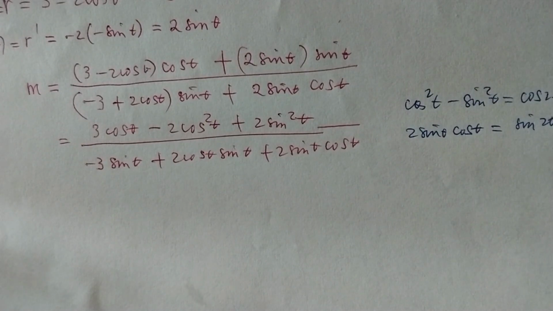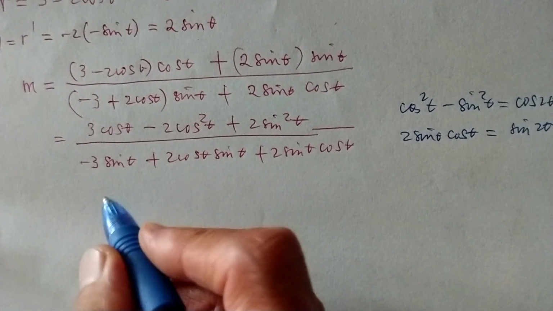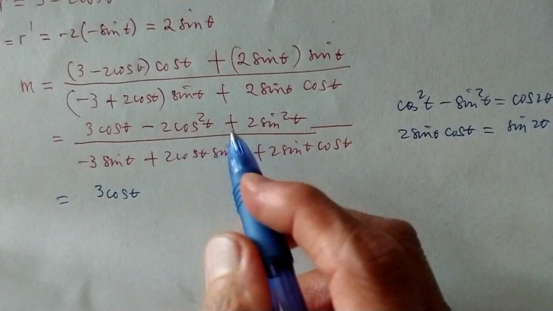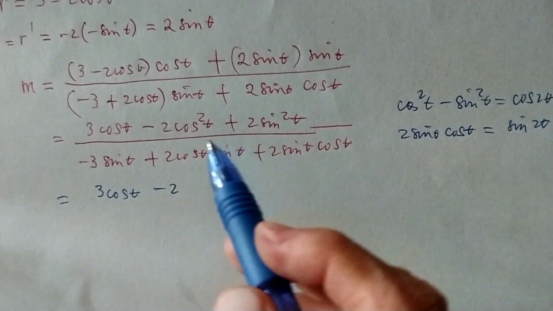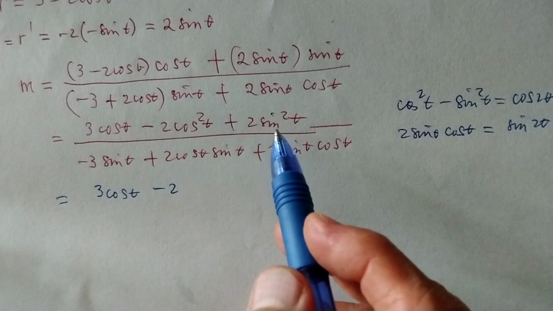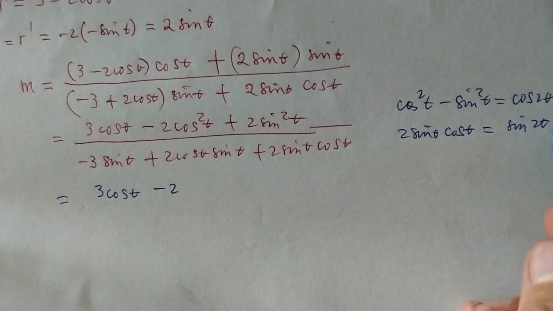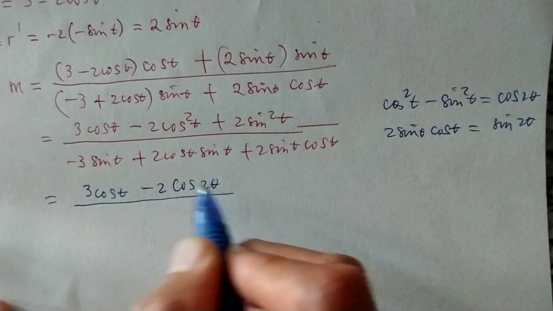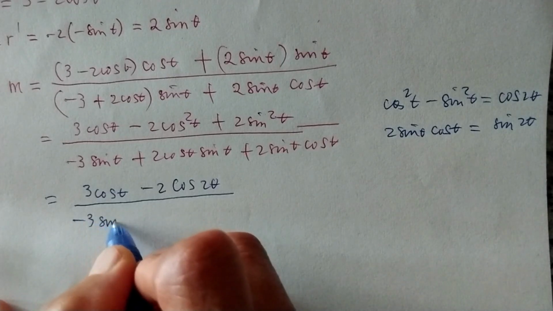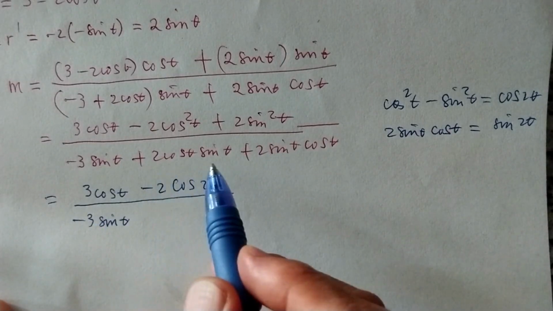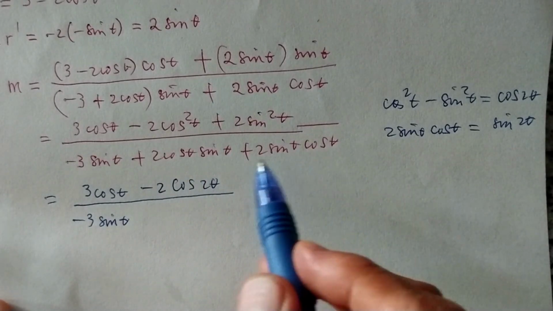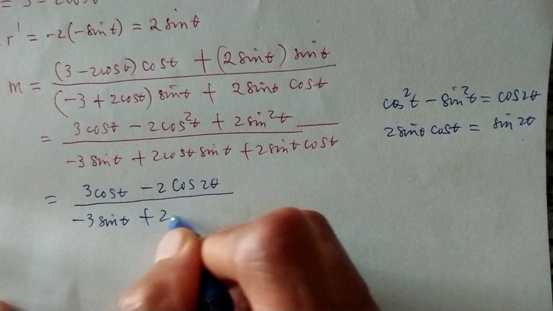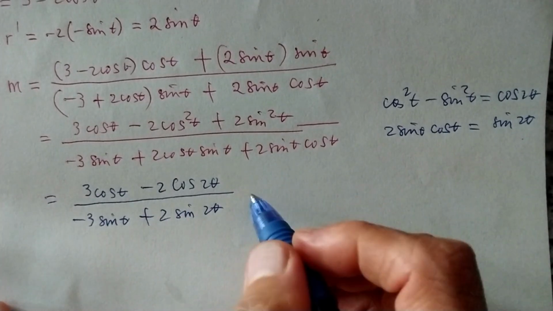So, rewriting our derivative now using those identities, we should get 3 cosine theta minus 2 times cosine 2 theta, since we can factor out the 2 and get cosine squared theta minus sine squared theta, which is cosine 2 theta, divided by minus 3 sine theta plus 2 sine theta cosine theta twice, so there are 2 sine 2 thetas. So this is our slope.